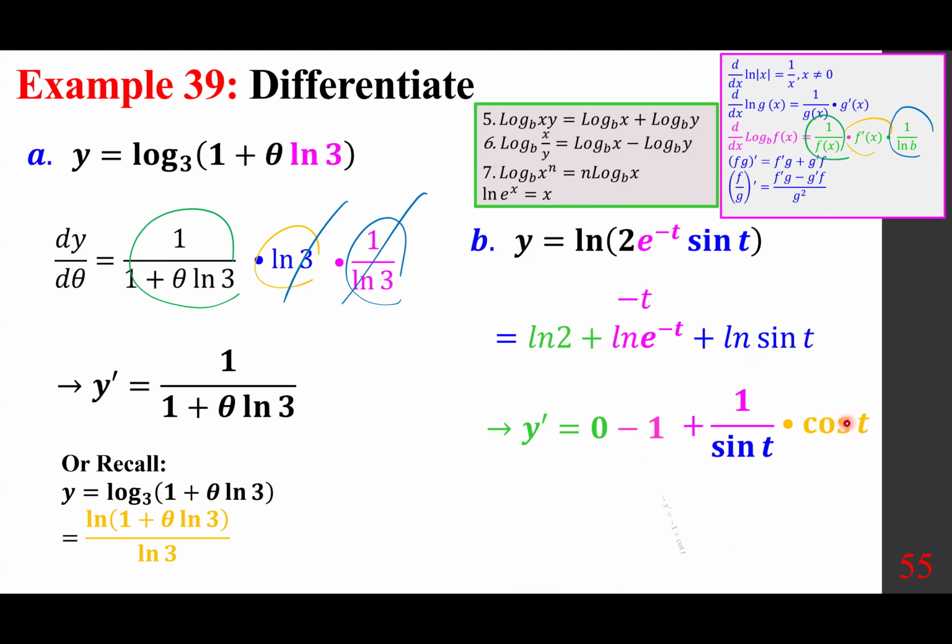So the final answer is y prime is negative 1 plus cotangent t. So it's really simple. And you should remember all of these properties to help you with the differentiation. In fact, shortly we're going to look at what's called logarithmic differentiation. So this decomposition is important.